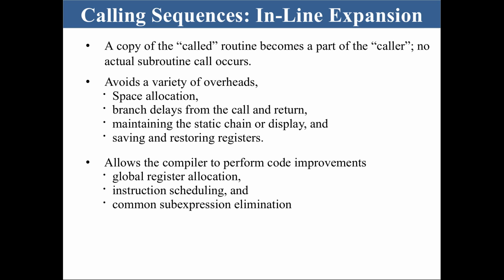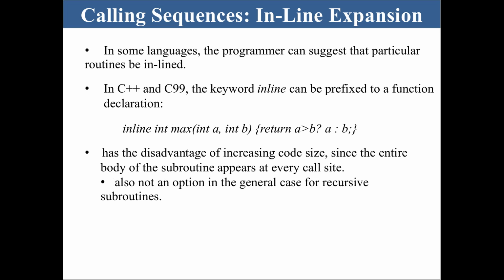It also allows the compiler to perform code improvements such as global register allocation, instruction scheduling, common subexpression elimination across boundaries between the subroutines, etc. In many implementations, the compiler chooses which subroutines to expand inline and which to compile conventionally. In some languages, the programmer can suggest that particular routines be inlined.